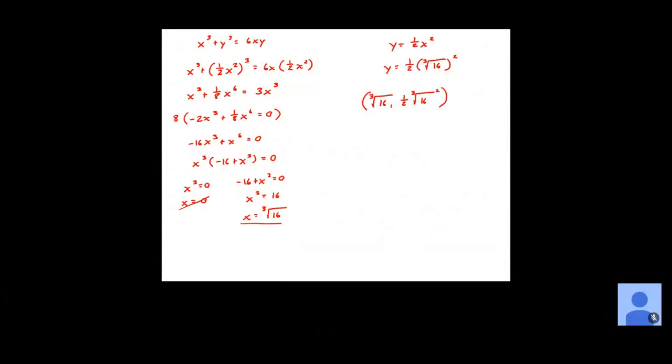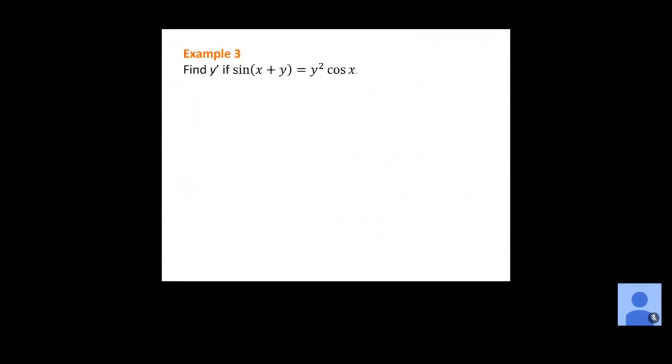All right. Example 3. Again, we're just looking for y prime. This time we've got sine of (x plus y) equals y squared cosine x. So this is another example where we need to use implicit differentiation, because we can't just solve this for y first. Let's start on the left-hand side.